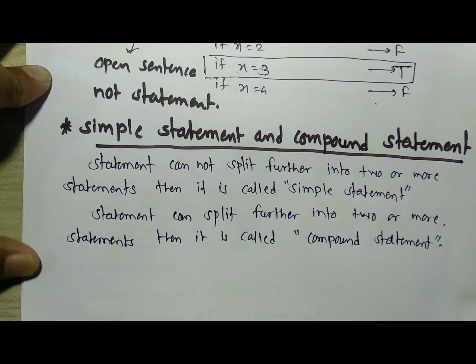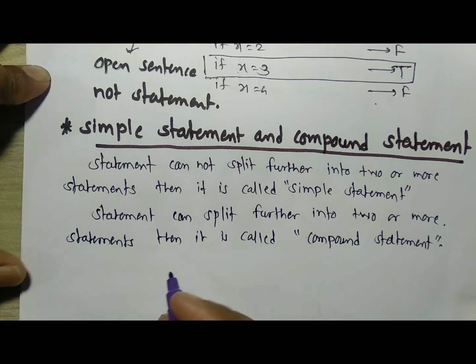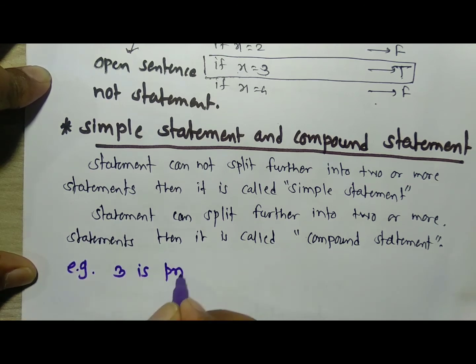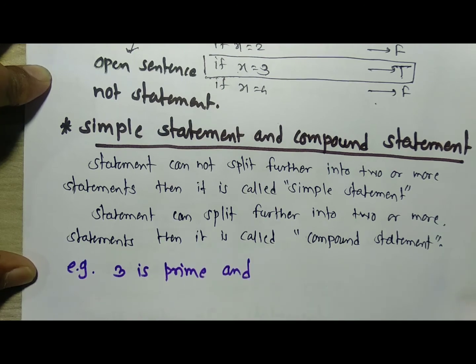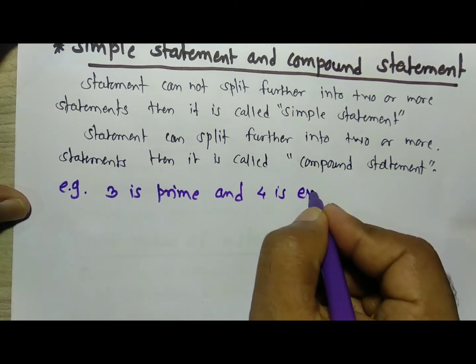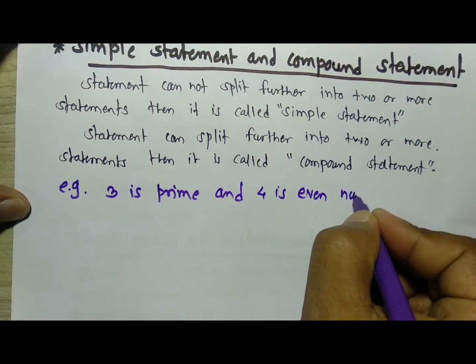What does it mean? First of all, what is a compound statement? For example: 3 is a prime and 4 is an even number.